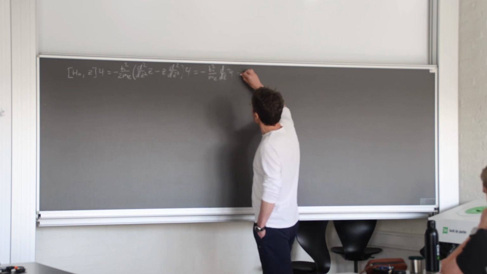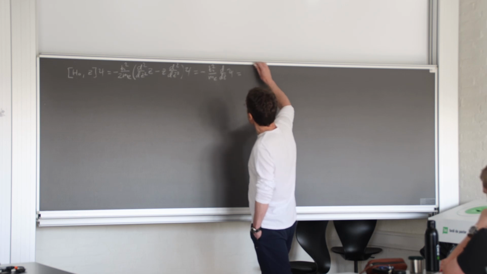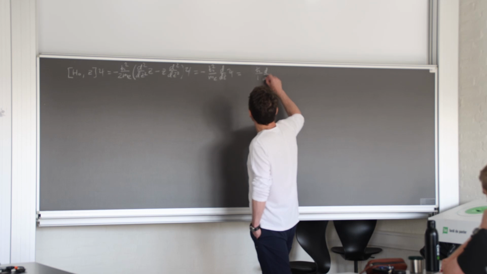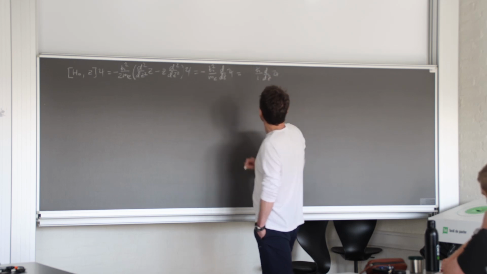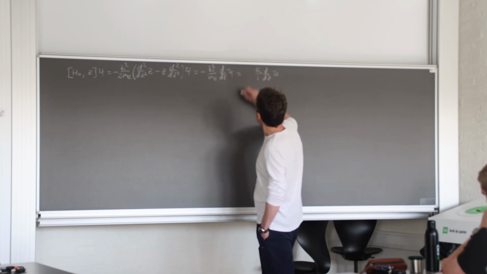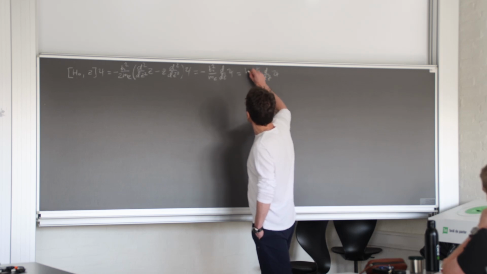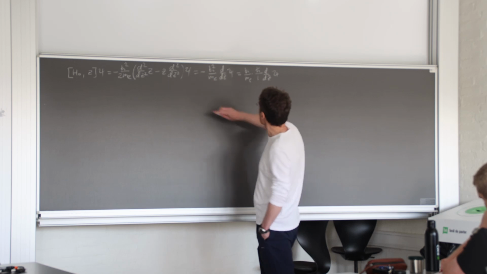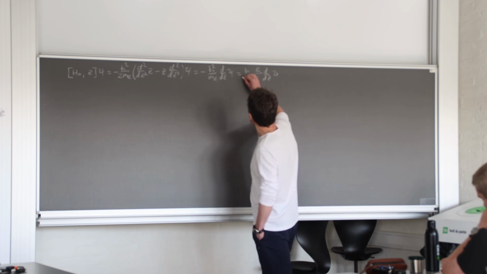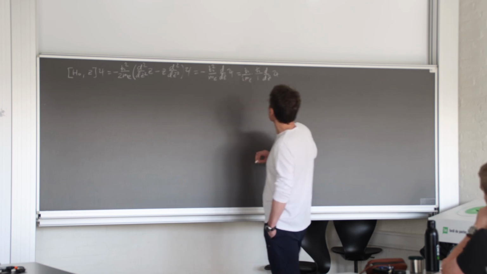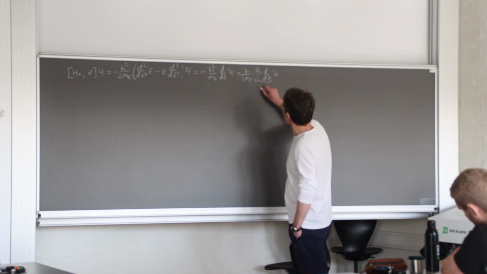And this we can recognize if, well, what I want is to write this as h bar over i times d/dz on my wave function. So if I do that, I will probably have an h bar over m left, and since I have a minus here, well, maybe I should just put another i down there. So this, of course, is the momentum.